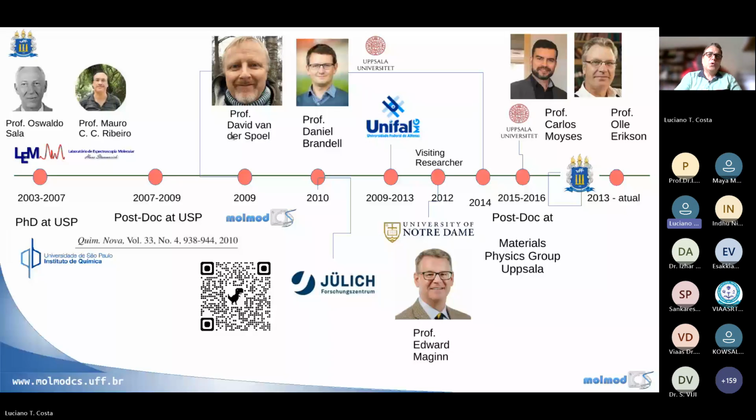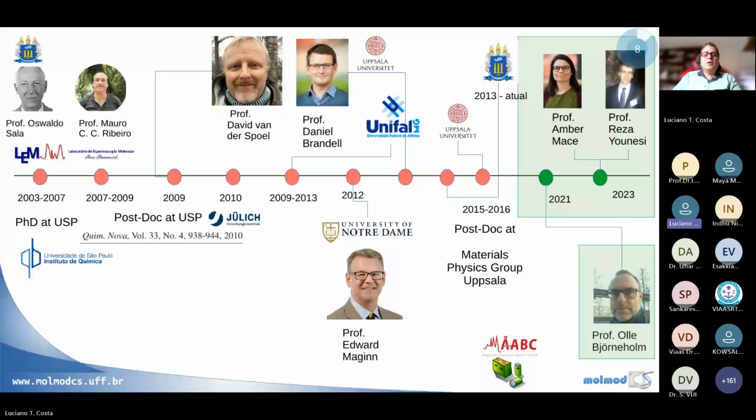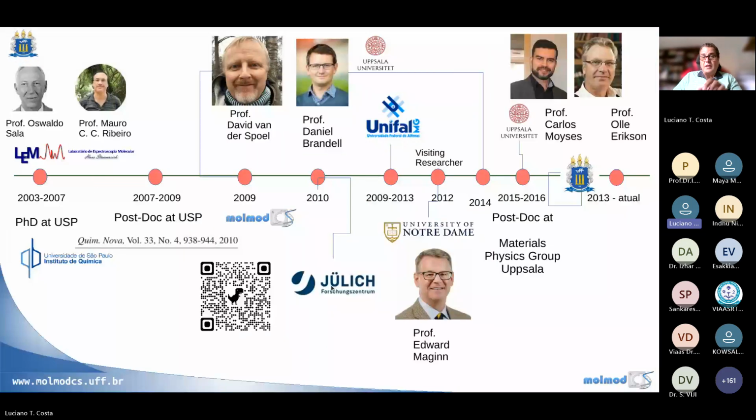I will show you about this package soon here in my presentation. And also in 2010, I started another important topic in my formation, where I stayed in Jülich, a lab. I can show you later on about this as well.